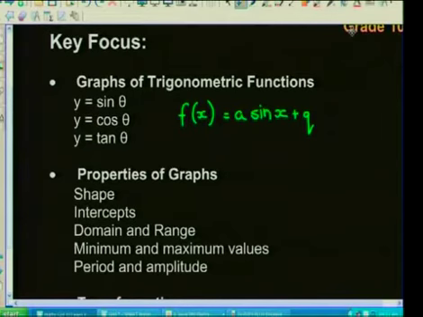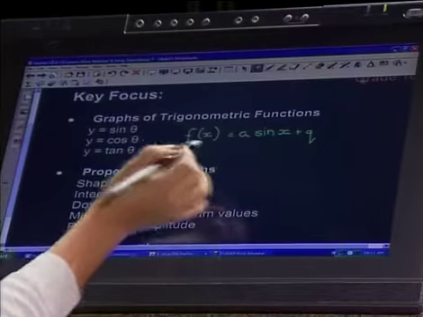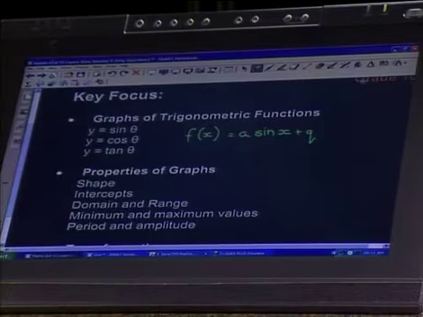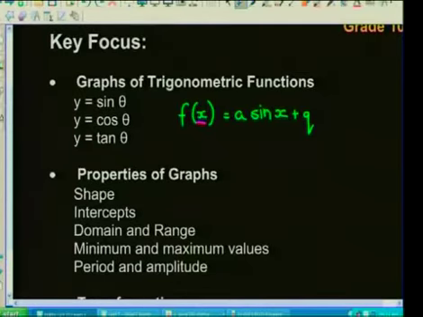Namely, if you're using the notation of f of x, that means a function in respect to x. And the x value in this equation is representing our angle. So it's very important that whatever is in your brackets here is related to the angle.